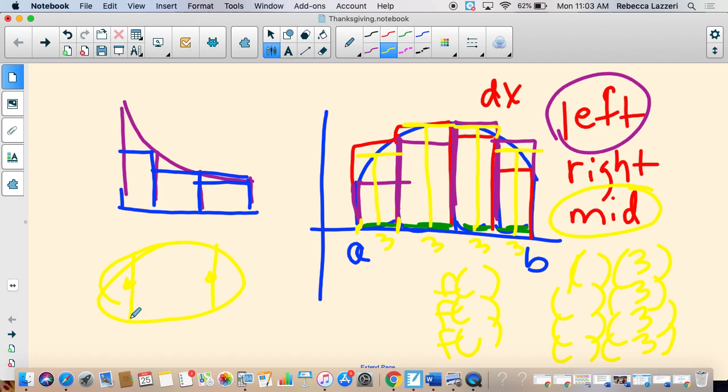The other one is if the rectangle is inside the circle, like these are also called inscribed rectangles. Every single one of those is inscribed. And if I had a graph like this, the ones from the left, the ones from the right would all be outside the circle.